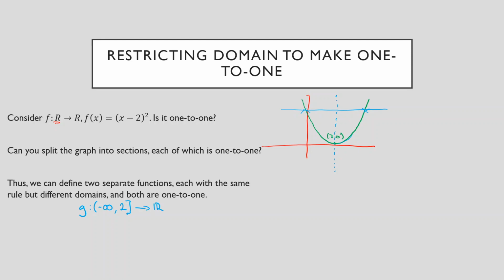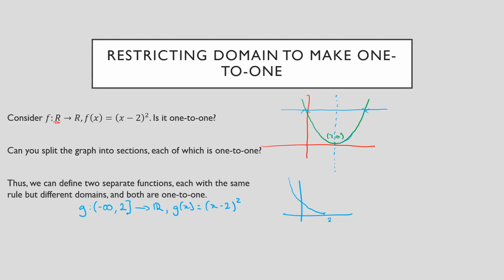Writing the rest of our function notation, we'd have g of x equals x minus 2 squared. It has the same rule because you want the parabola to look like this, except you want to stop drawing it once you get to 2, and that's indicated here by the domain. So that would be the left-hand piece of this parabola. It would look like that.